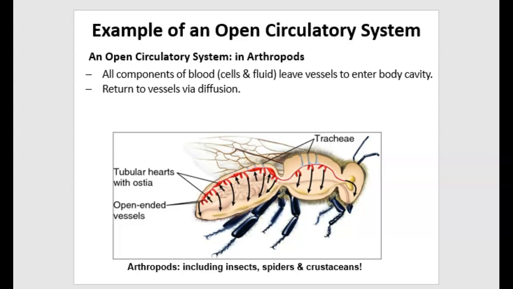And the blood leaves these short vessels, they're open-ended, and enters the main body cavity. So blood bathes any organs or tissues that are in that body cavity. For the blood to get back into the vessels, it's usually a pretty simple system, diffusion has to occur. So the fluid by osmosis will go back in, and all the solutes by diffusion will go back in. And then it gets pumped right back out again.